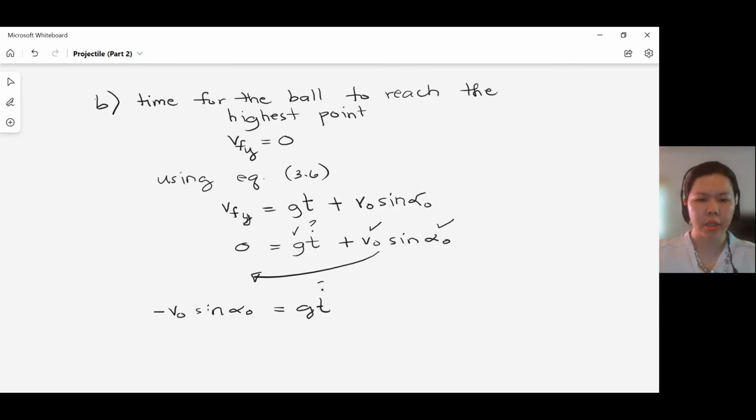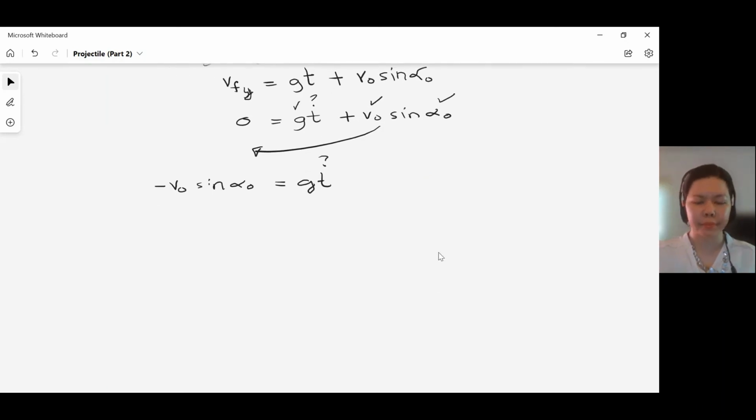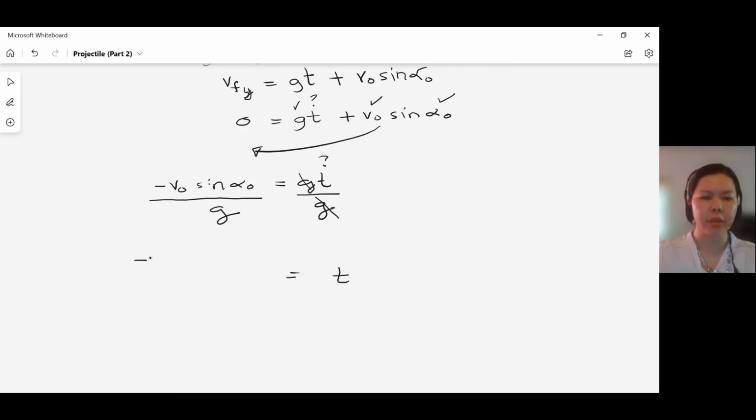We want the time, so we divide the entire equation by G. G over G is 1. So we now have our equation: T equals negative V naught sine alpha naught over G.